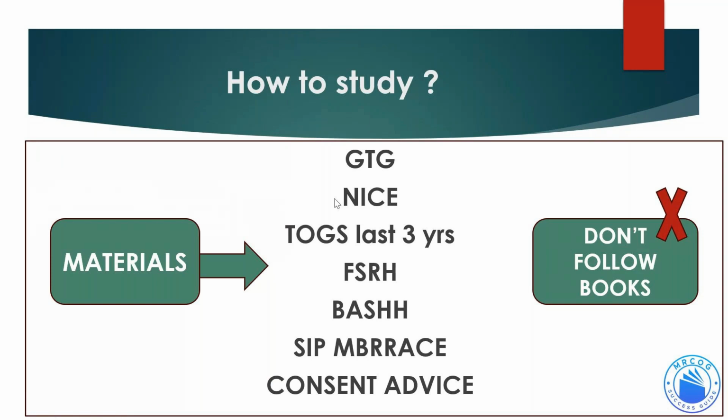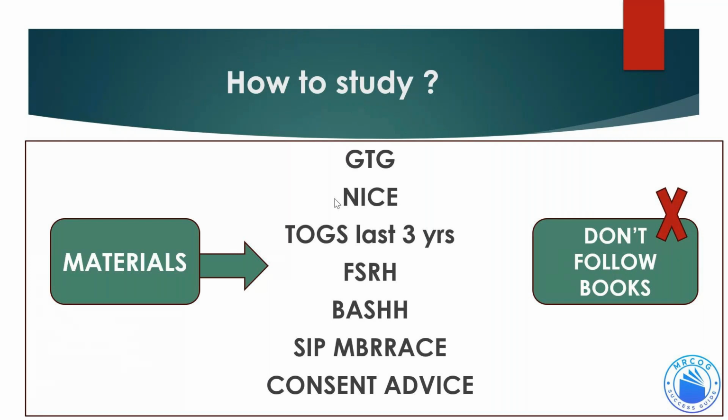Please, for all of you, do not depend on any book in study. Do not use any book like algorithms or something like this, because the RCOG depends on updated guidelines. Every year there are around 10 to 12 guidelines in different topics, I mean.